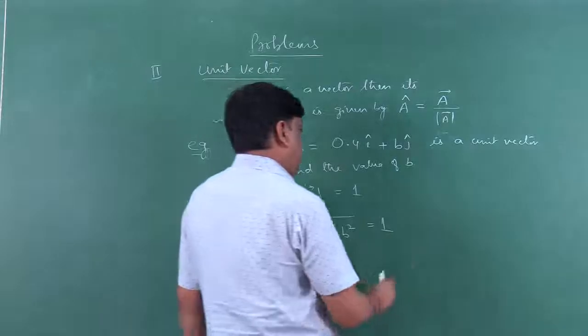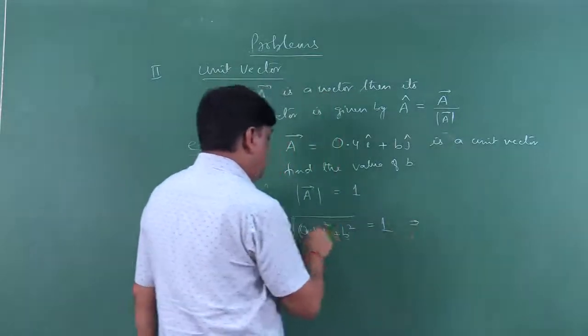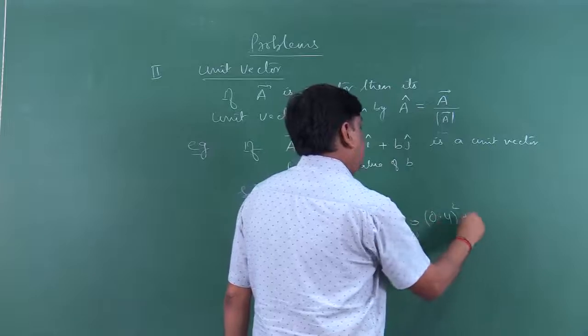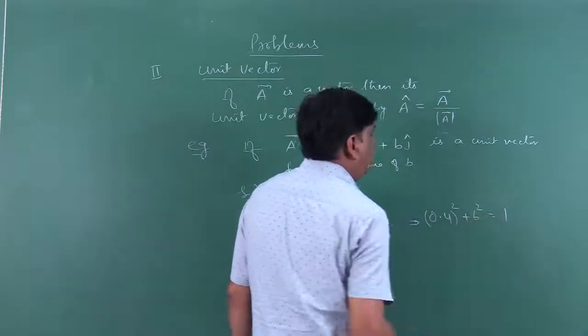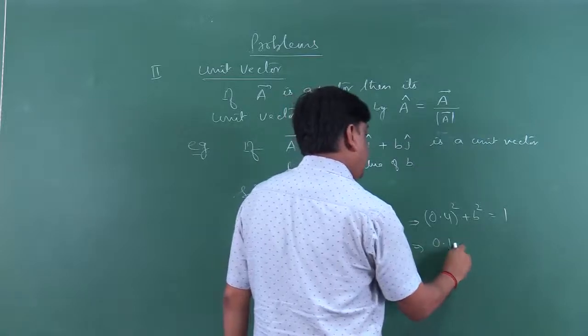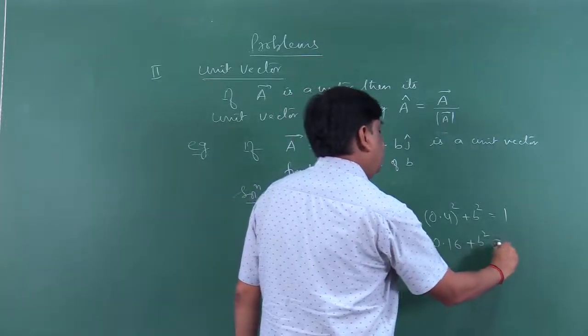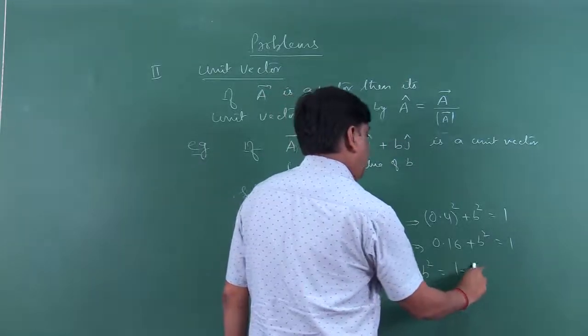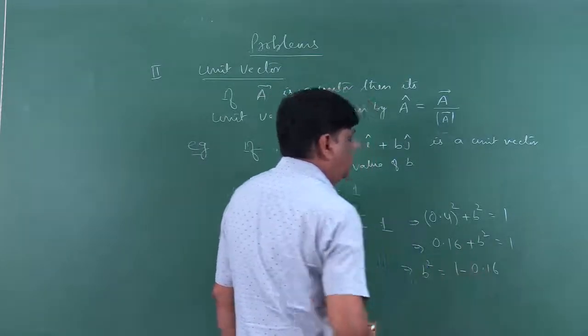And if I square this, then we are getting 0.4 square plus b square, that is equal to 1, or we can say it is 0.16 plus b square is equal to 1, or b square will be 1 minus 0.16.